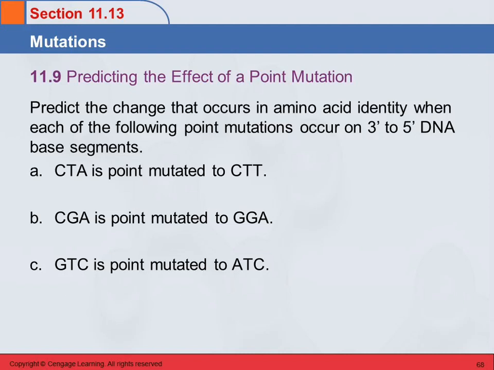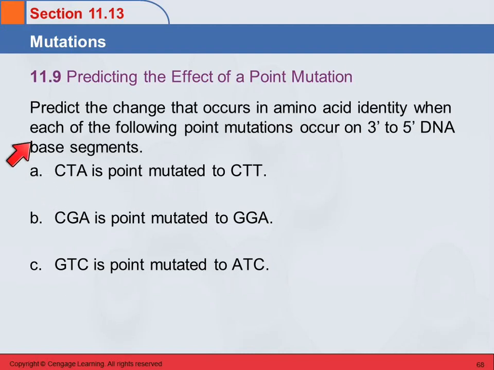So let's predict the effect of a point mutation. If CTA is point mutated to CTT, what's going to happen? Well, it depends on what those are codons for, right? I don't think we need to actually get the genetic code out and look at all of these.